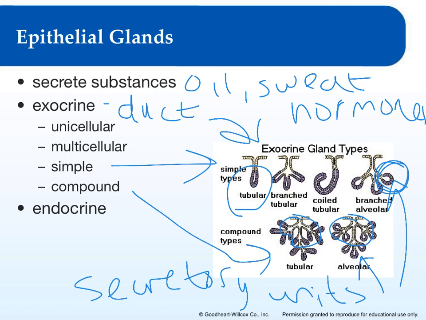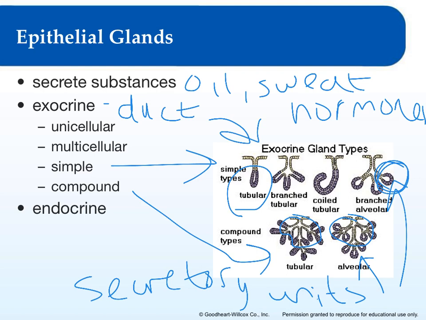So regardless of whether the duct is simple or compound, the tubular or alveolar part comes from the shape at the base of the duct, that secretory unit. So a compound tubular exocrine gland would have a branched duct with tubular secretory units, where a compound alveolar exocrine gland has a branched duct with round or spherical alveolar secretory units.